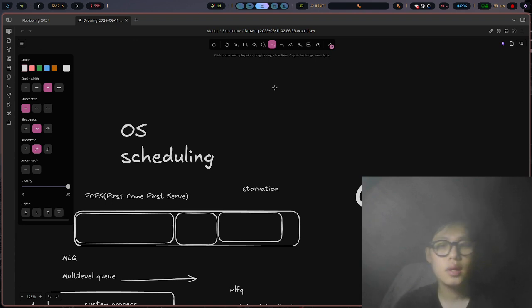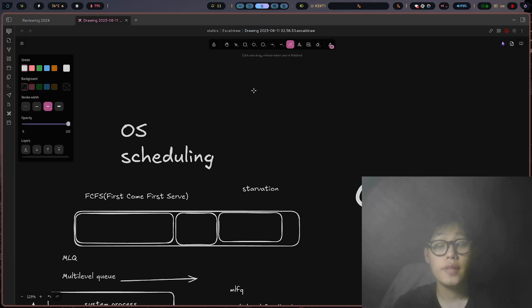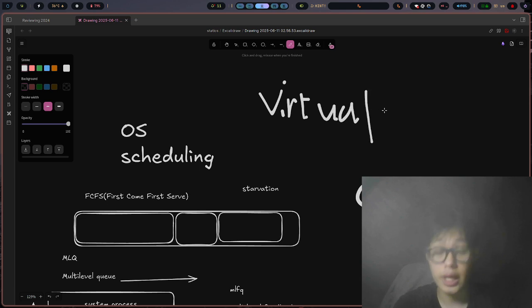From the perspective of OS scheduling, I think it's going to be really useful in web development. My plan involves the virtual DOM. Since the virtual DOM requires a tree data structure, when you already have the original DOM and you record changes to it, that's what's called the virtual DOM.